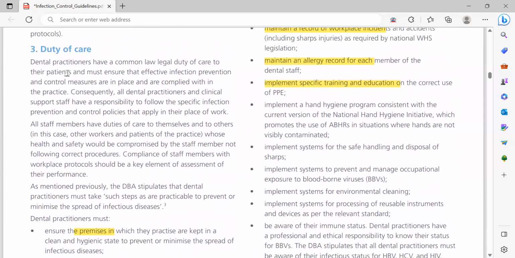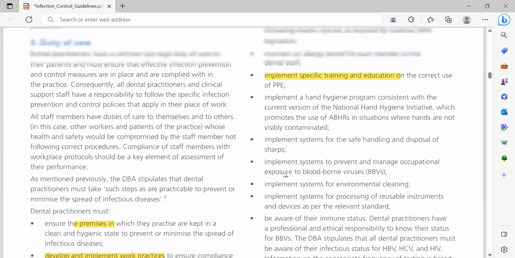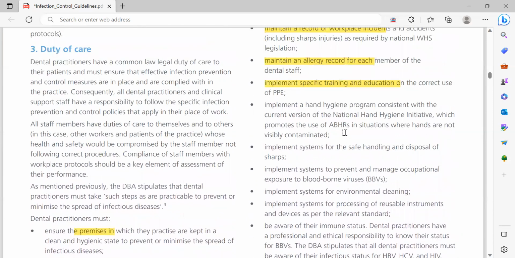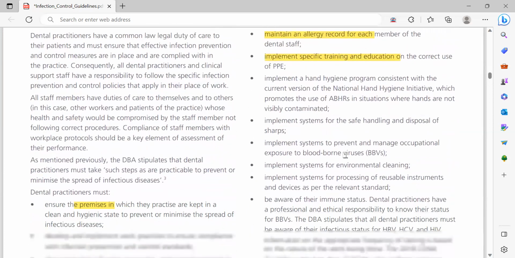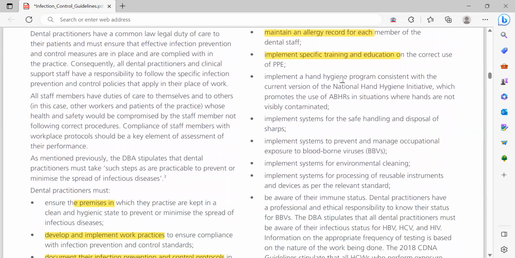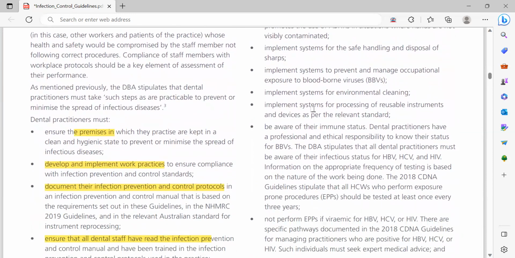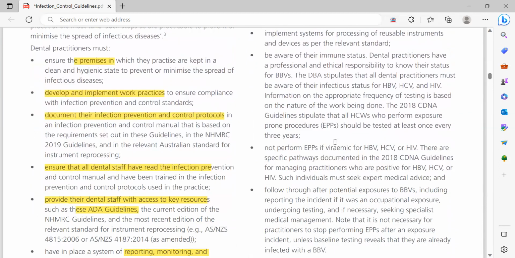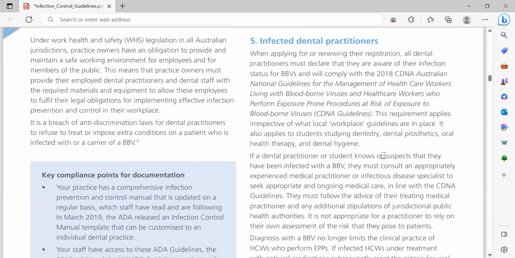So it is all your responsibility to make sure that in your practice, everyone follows these infection control guidelines and has certain procedures that they need to follow. Everyone should be immunized, mainly against the deadly blood-borne viral diseases, and implement a system for environmental cleaning and reusable items. So you need to make sure that everyone is following this.